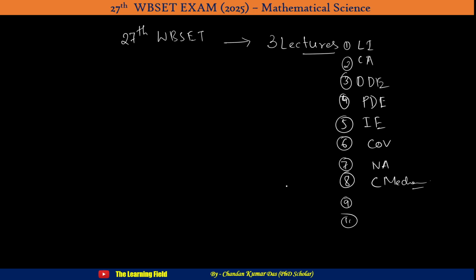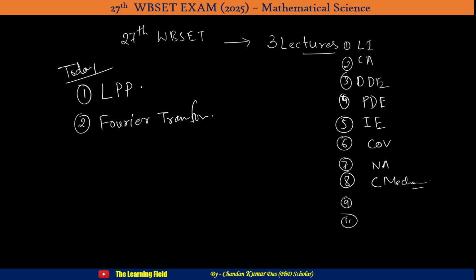I forget those things. So in today's lecture, we will cover the linear programming problem, LPP, and then number two is Fourier transformation. Okay, two questions come from Fourier transformation, and in this year I think 4 or 5 questions come from LPP.